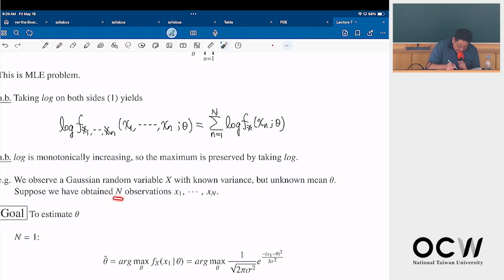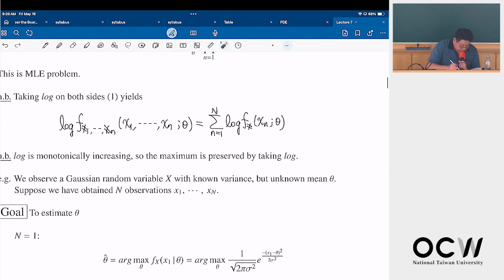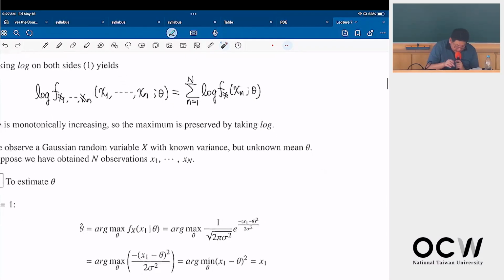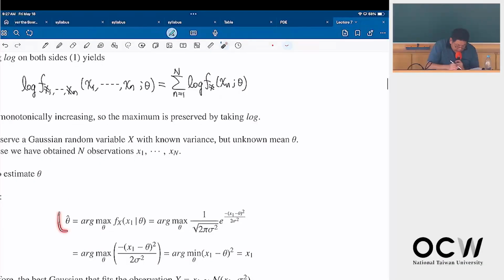Now we have n observations. Let's reduce that to simplify it. First, we just have one observation, and then later on we have 2 observations, 3 observations, and then it goes to the general n observations. If we have only 1 data point, then to find the best theta, we maximize this PDF.